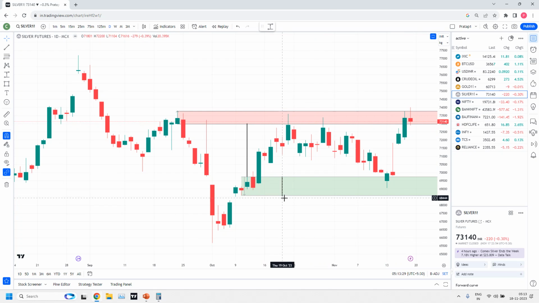Do every zone works like this? You might have observed by this time. If you have practiced, you might have observed some zones fail without giving any profits. When prices entered, it easily passed down without going up.